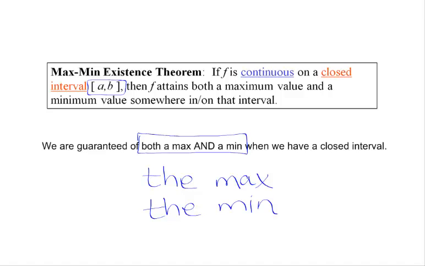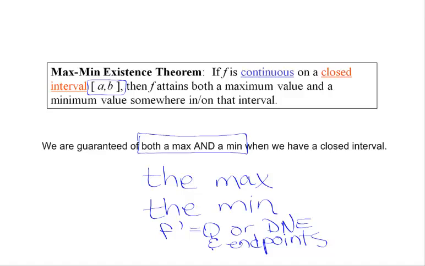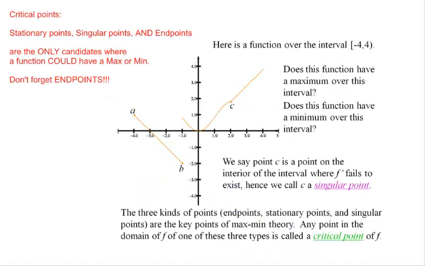We are going to explore all locals and endpoints. Remember, endpoints are not candidates for locals, but we're going to explore all locals and then do some comparing and find the extreme value, either the maximum or the minimum, based on what the words are telling us to do.